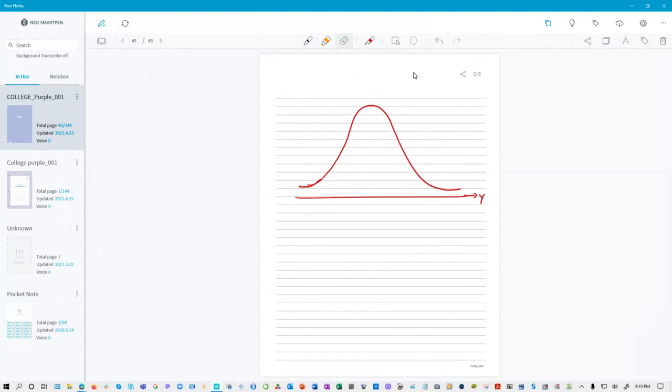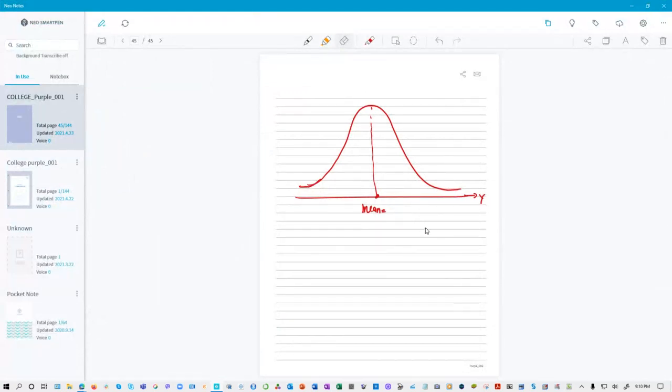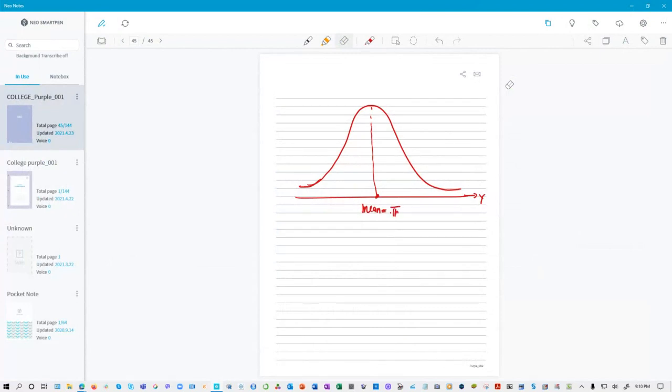Let's say the mean is given by thumb_stats$mean, and the standard deviation is given by thumb_stats$sd.